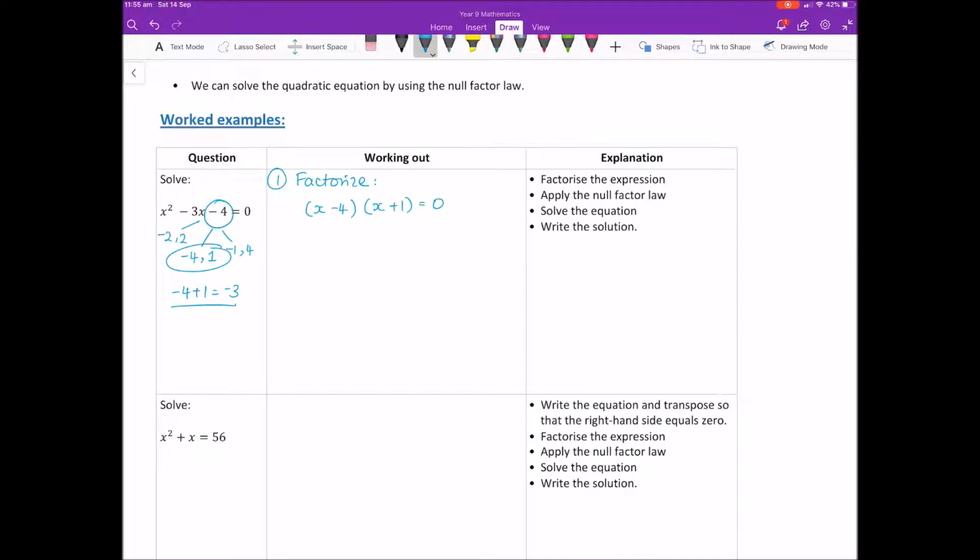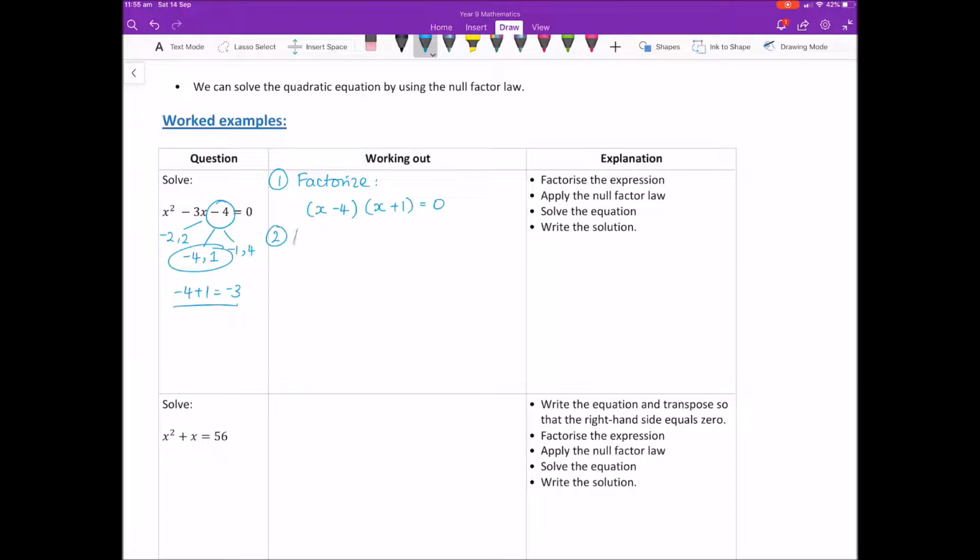So now that we've factorized it, we're now going to apply the null factor law. So we're going to do x minus 4 equals 0, and then we're going to have x plus 1 equals 0. So taking that negative 4 to the other side, I'm going to get x is equal to 0 plus 4, giving me an answer of x is equal to 4.